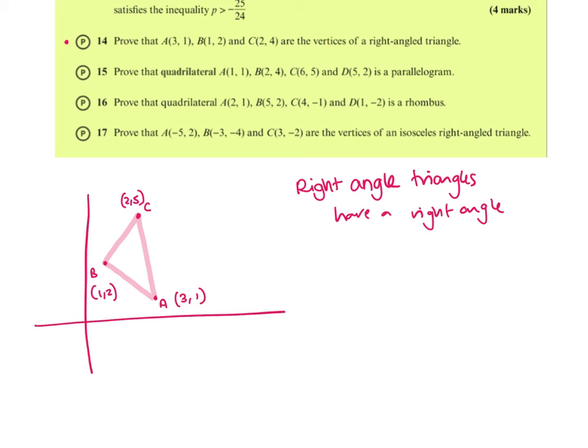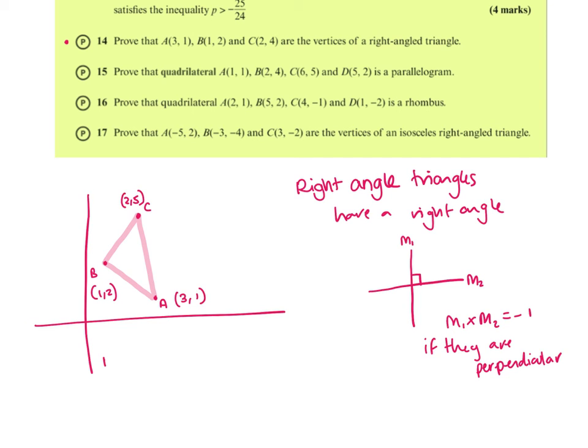What do we know about right angles? Yeah, so two lines meet. The lines are actually what we call perpendicular. Absolutely. So the gradient of 1 multiplied by the gradient of 2 should equal -1 if they are perpendicular. So let's try and see if we can find a perpendicular.